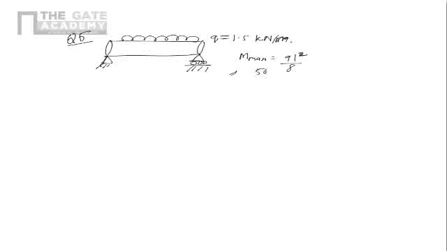1500 into L square, which is 36, upon 8. So this is 9 by 2.